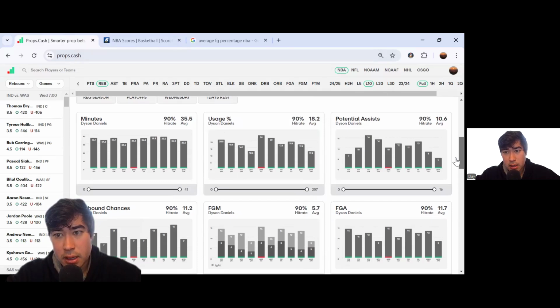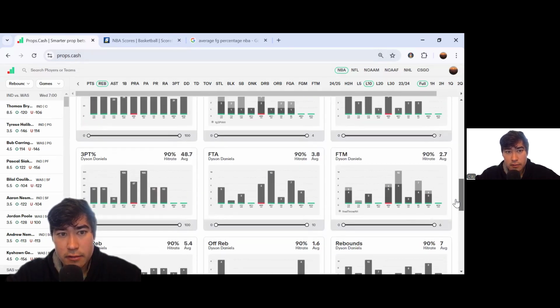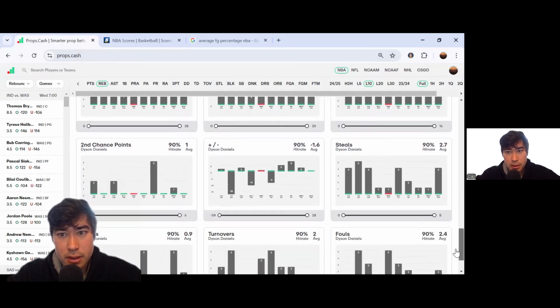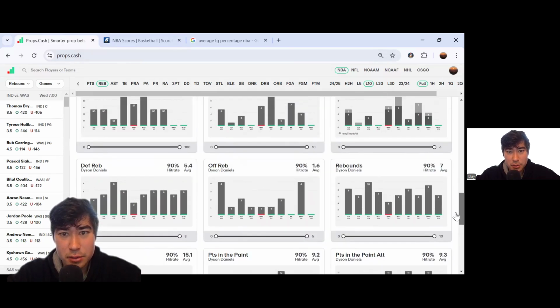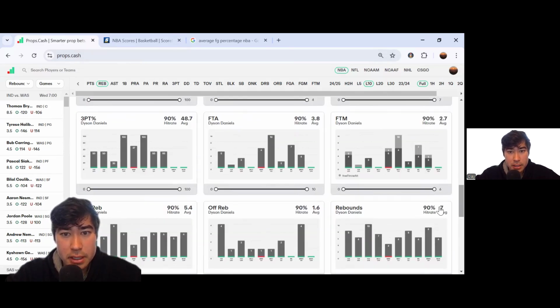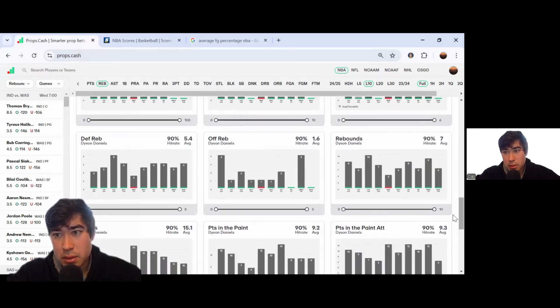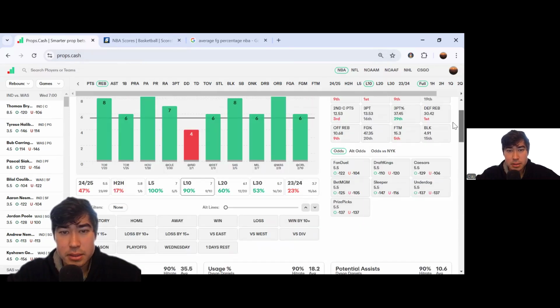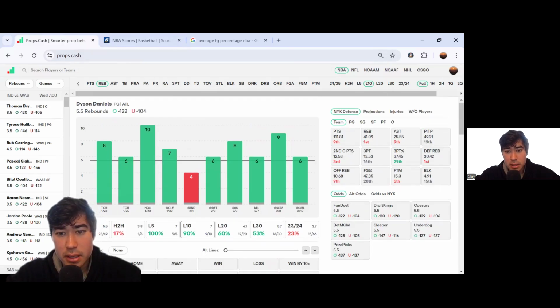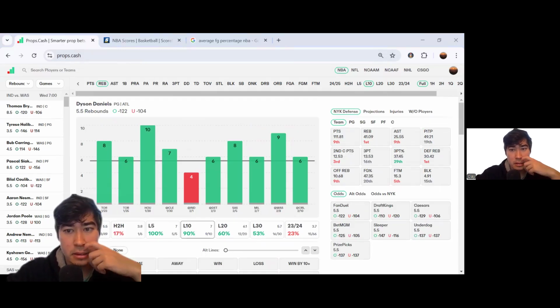We like the over. Do they have potential rebounds here? I don't think they would have potential rebounds. But we can look at it as offensive rebounds, defensive rebounds, just rebounds in general, averaging 7. If we just look at his average, that's basically what we're looking at. So his line's 5.5.